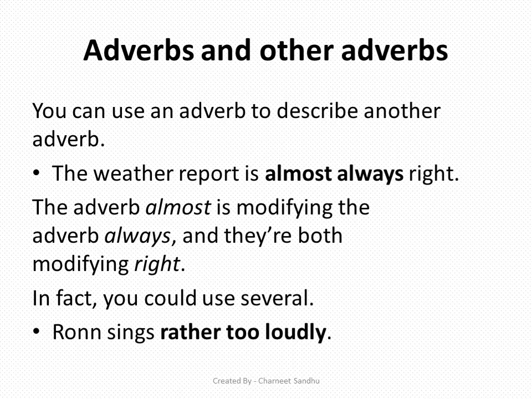Look at this one here. Ron sings rather too loudly. The only problem is that it often produces weak and clunky sentences like this one here. So be careful not to overdo it and not to use too many adverbs in a sentence.